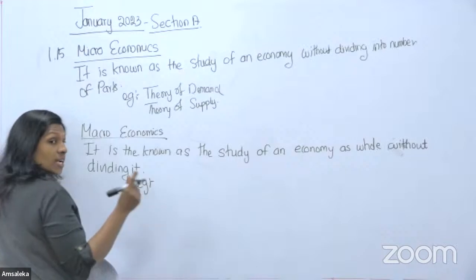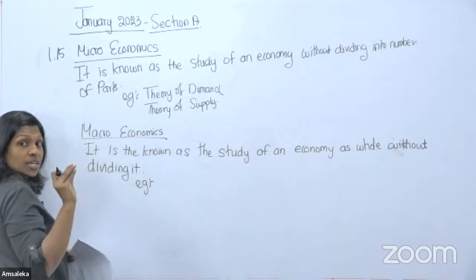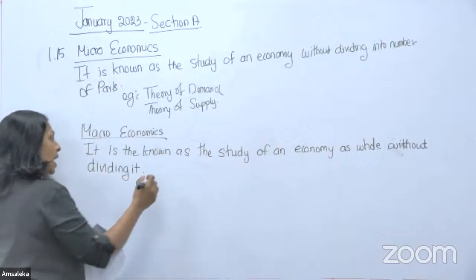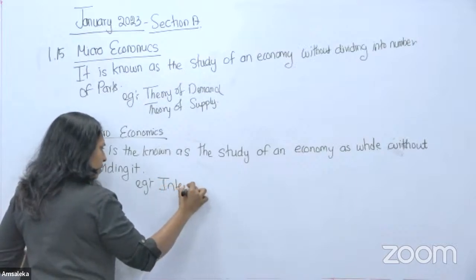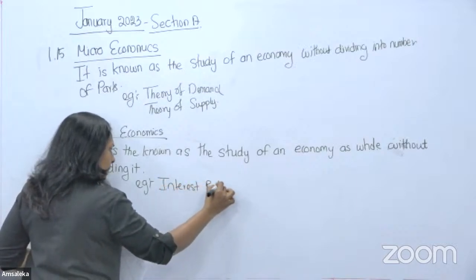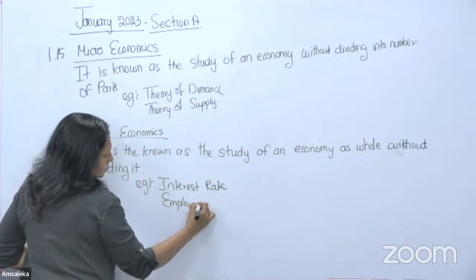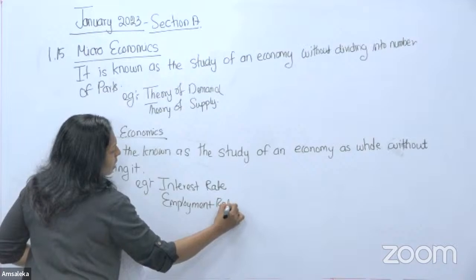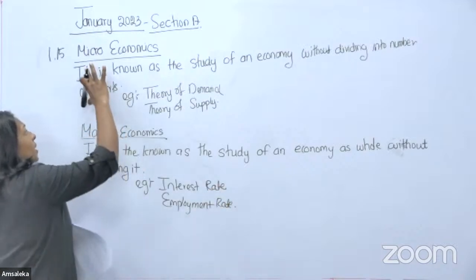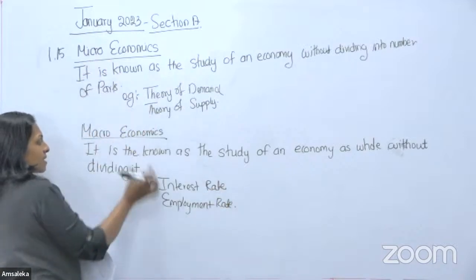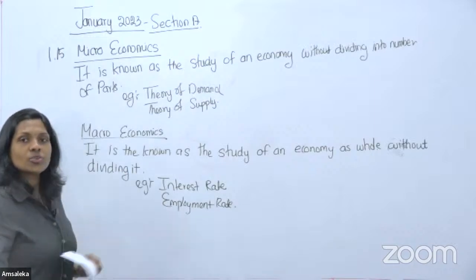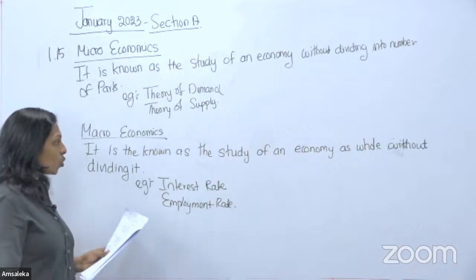You can say the national level phenomena. Anything about the national level phenomena you can take, regarding the interest rate or employment rate. Anything you can take. So see how nicely it is given: the topic and the explanation, the topic explanation with example. So you can write like this, micro and macro.